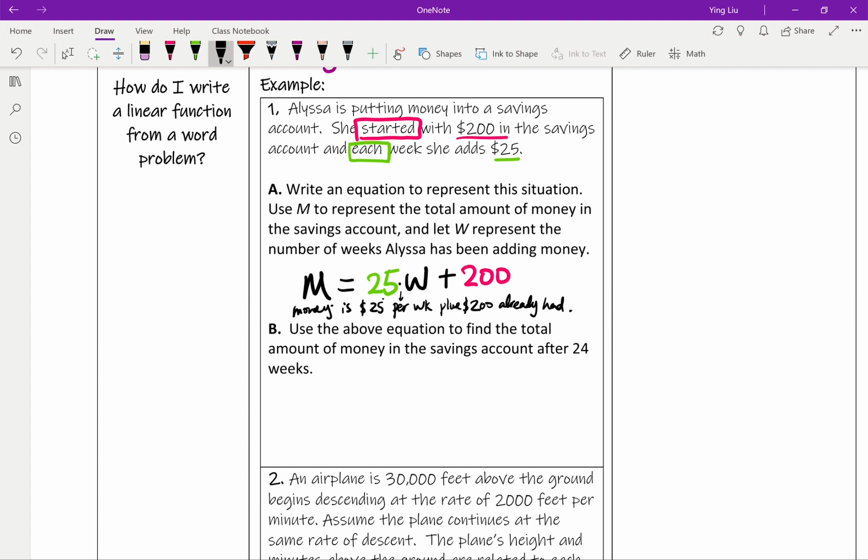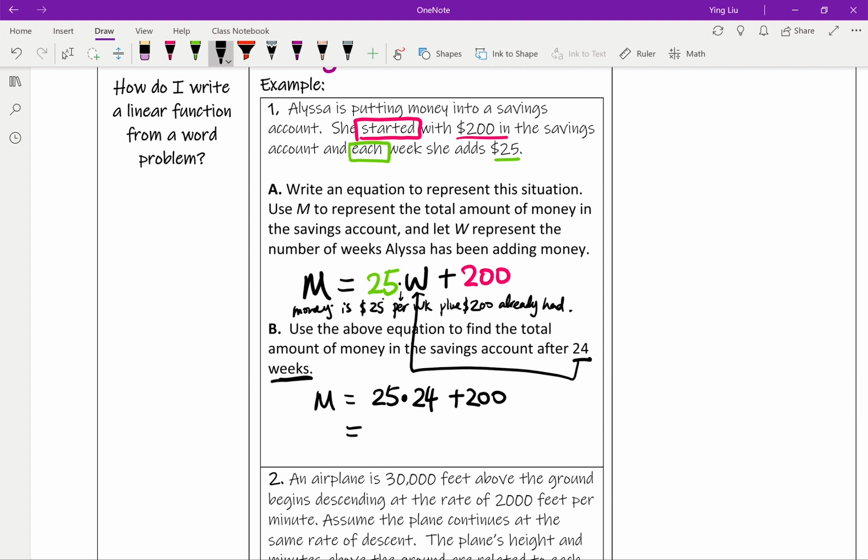Okay, so part B, we're going to use this equation to find the total amount of money after 24 weeks. So we're going to plug the 24 weeks into the equation that we have. The part where we have weeks, that's our input. So we're saying that the money after 24 weeks is 25 times 24 plus $200.